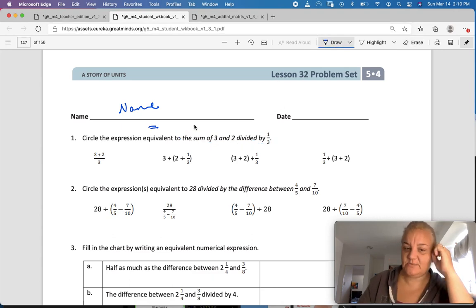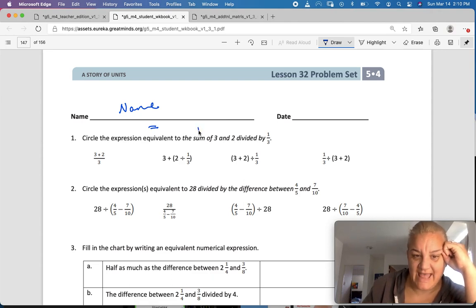Well, when you see the word sum, you already know that means add. So 3 and 2. Where do we see that? 3 and 2 is here, 3 and 2 is there, 3 and 2 is there.